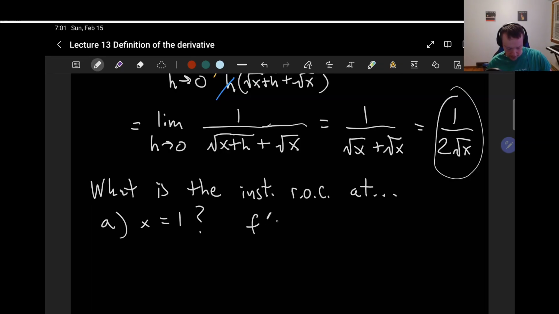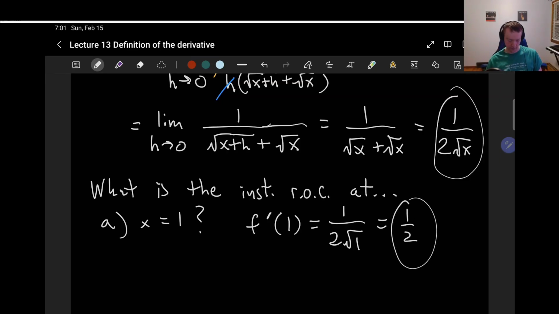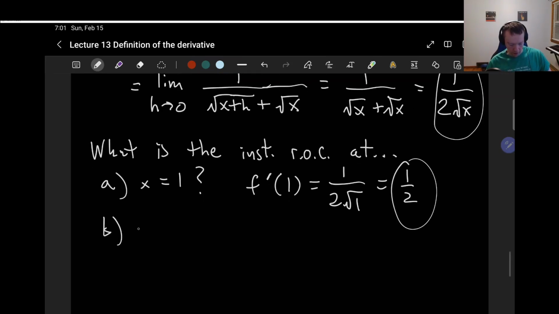So let's write it like this. F prime of 1, plugging 1 into the derivative function, one over 2 times the square root of 1, 1/2. If I want the instantaneous rate of change at x equals 9, okay, plug 9 into the derivative function.